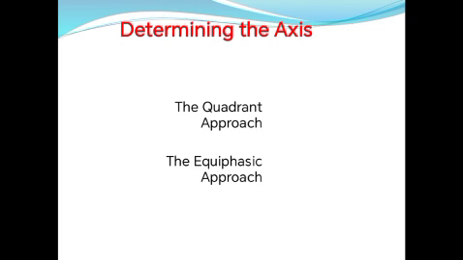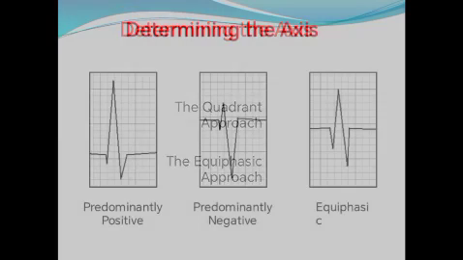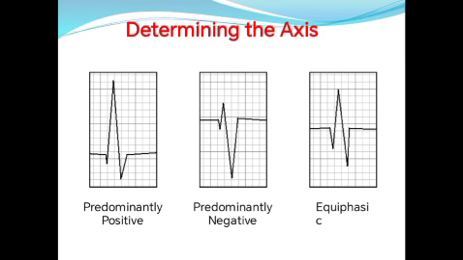Determining the axis, we have two approaches: the quadrant approach and the equiphasic approach. Using the ECG, the QRS complex, we have to determine, as I mentioned before, if the leads are predominantly positive, predominantly negative, or equiphasic.